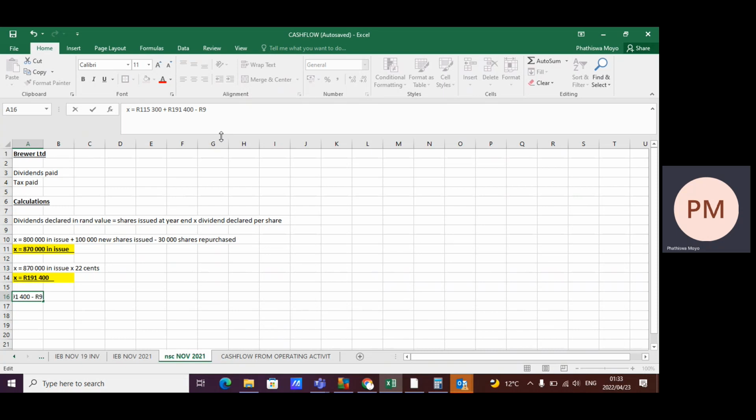Which means the amount that is remaining, the amount that is not paid, is the dividend declared at the end of the year.